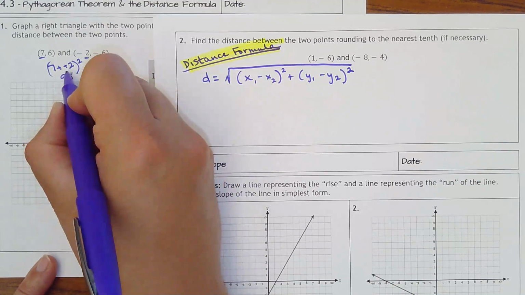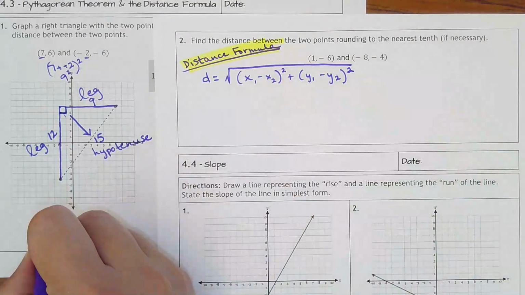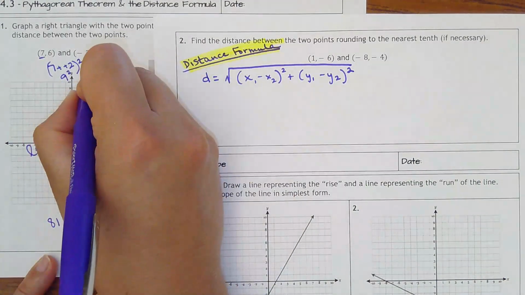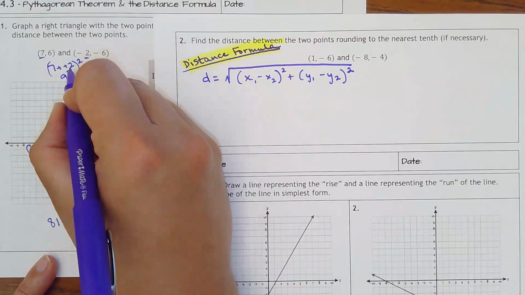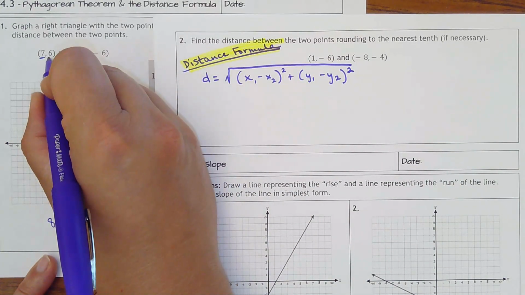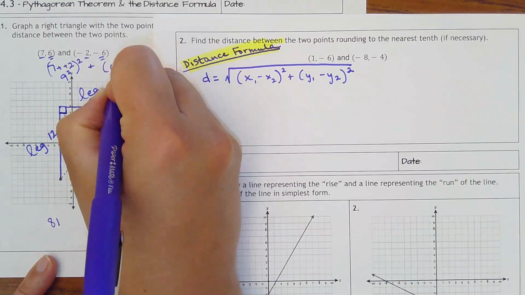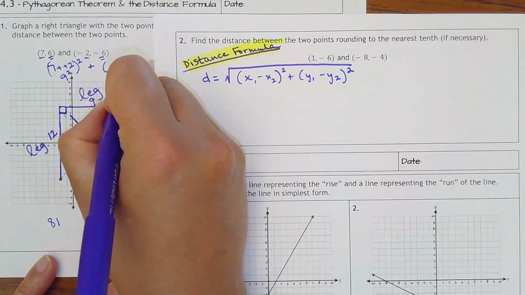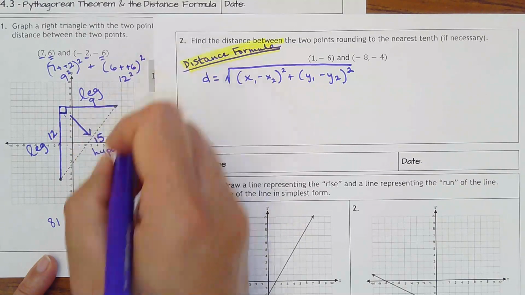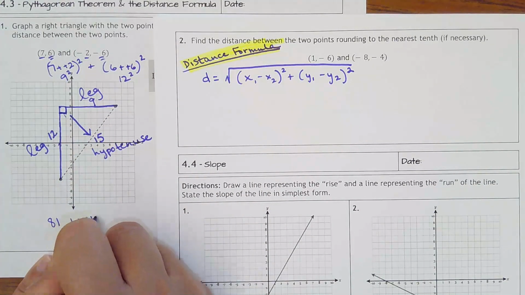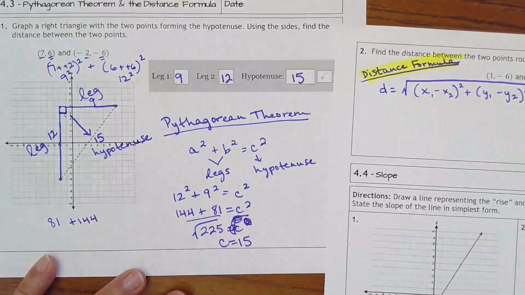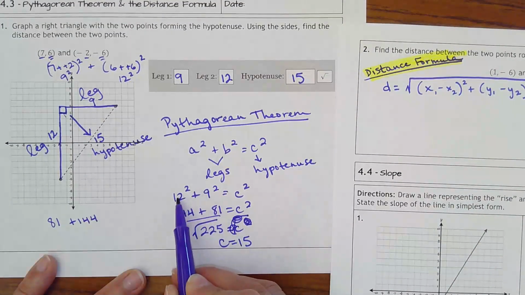Square that gets 81. And then plus, so there's your a squared plus your b squared would be your 6 minus a -6, which again, double negatives turn into a positive. That's 12. Gets squared. That's 144. So that right there was exactly what we had here, just in a different order.